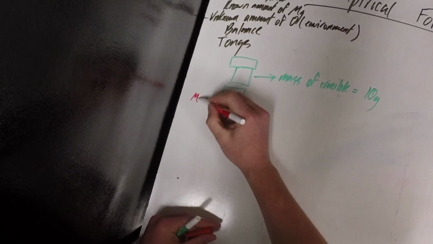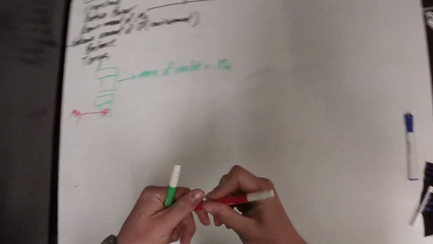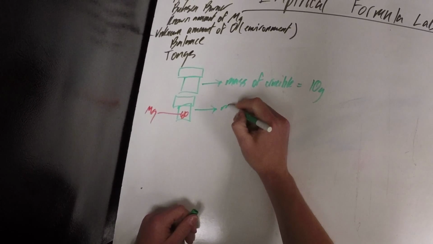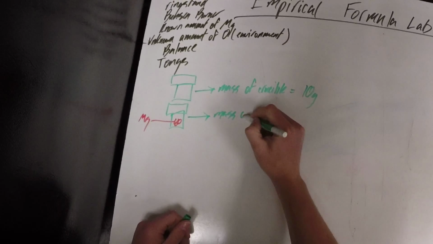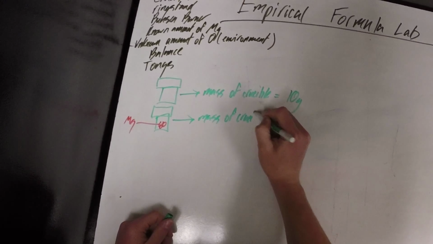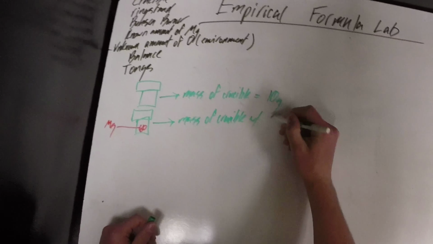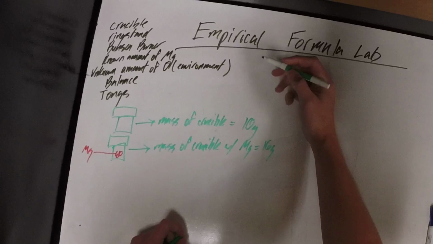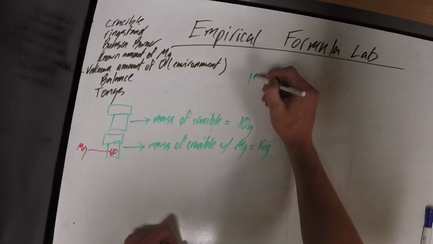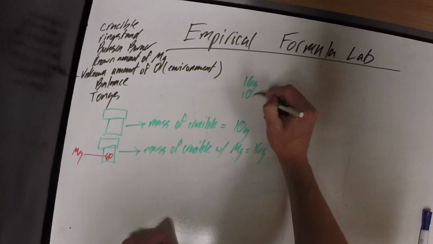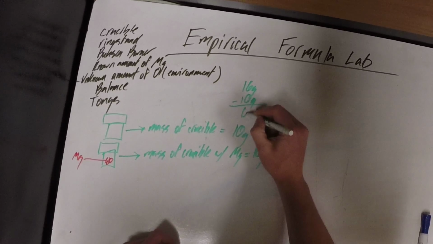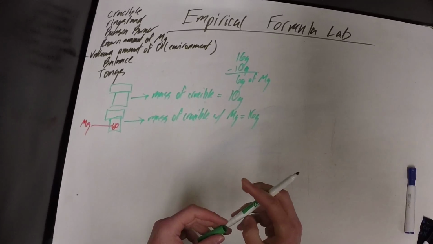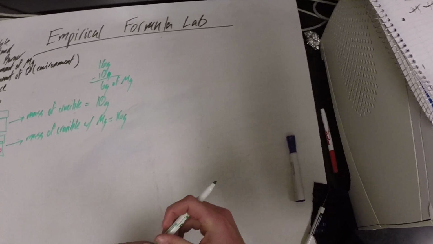Say that's our Mg there. And we'll say that the mass of the crucible with Mg is equal to 16 grams. And with some math there, we could take the 16 grams minus the 10 grams, and that equals 6 grams of Mg. We just got rid of the mass of the crucible there.